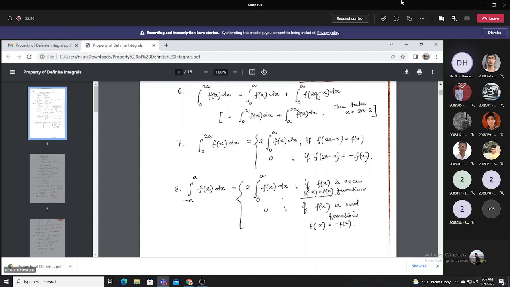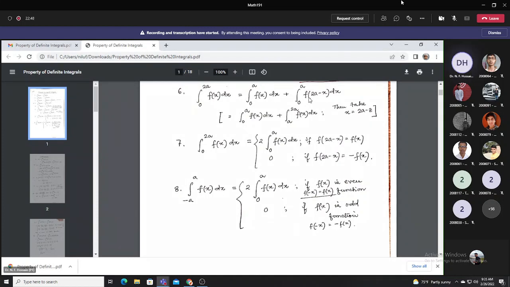If f(2a minus x) equals f(x), then you can write 0 to a f(x) dx and 0 to a f(x) dx. So when you add them, it will be 2 into integral 0 to a f(x) dx. But if f(2a minus x) equals minus f(x), then these two terms will be cancelled.